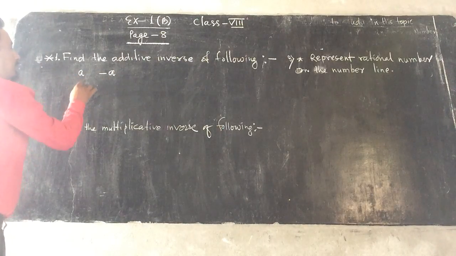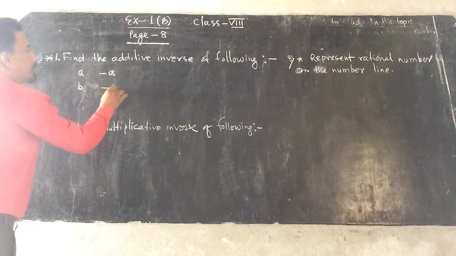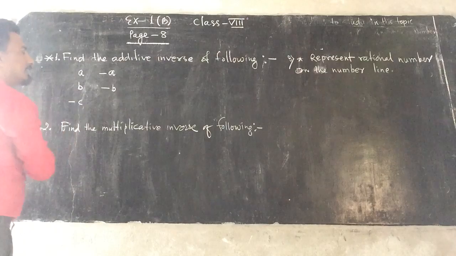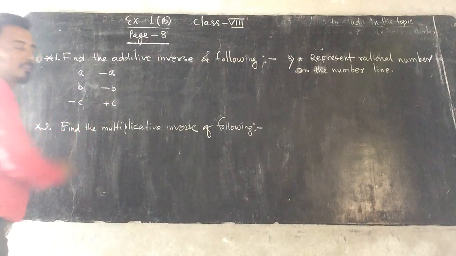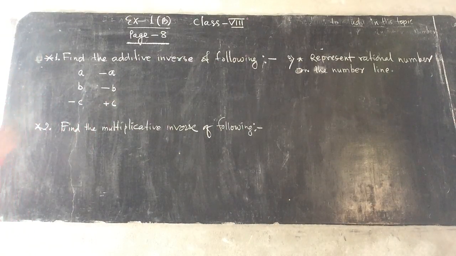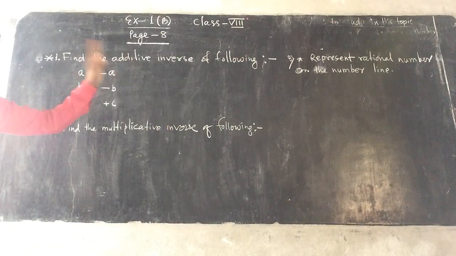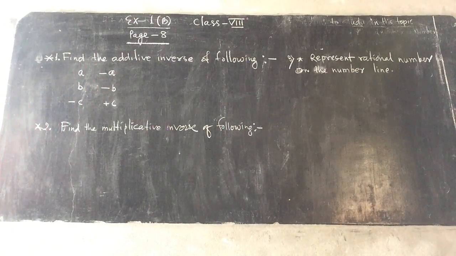So the additive inverse of B is minus B. The additive inverse of minus C is plus C. Remember, additive inverse means the same number with the opposite sign. The same number with the opposite sign is called its additive inverse.